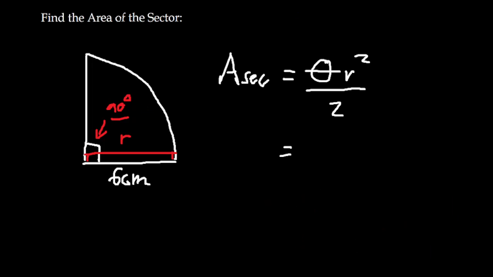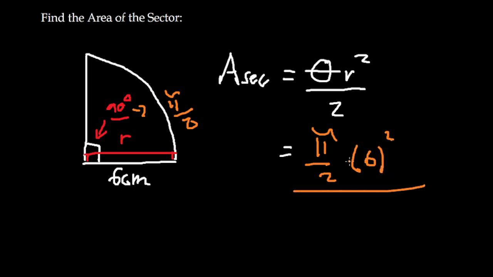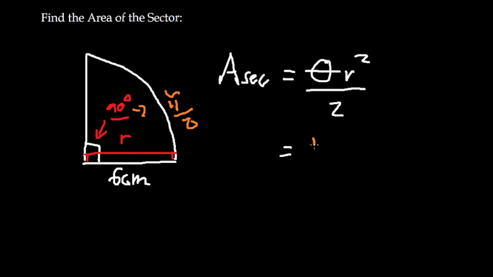Okay. Sulat na natin. Alam na natin that this is pi over 2. So, just write it as pi over 2 times the radius squared. Our radius is 6, squared, over 2. So, it's gonna be pi over 2 times 36 over 2.